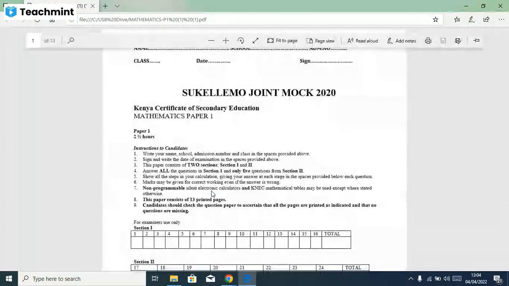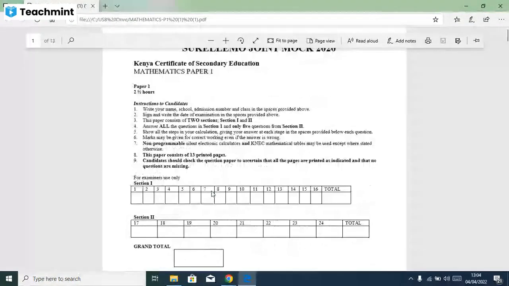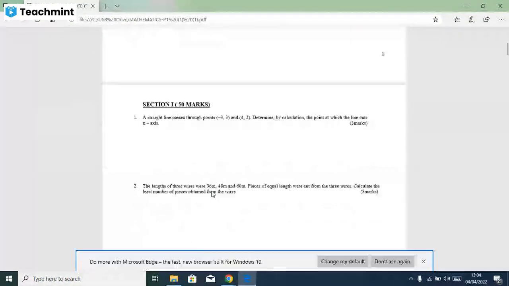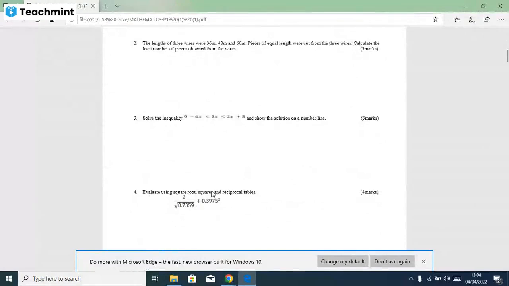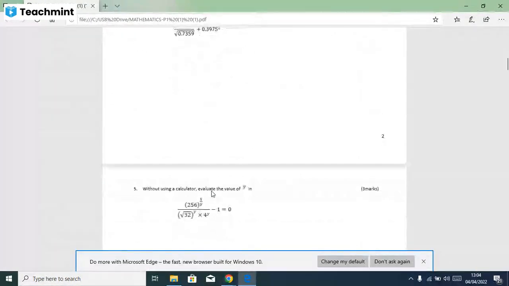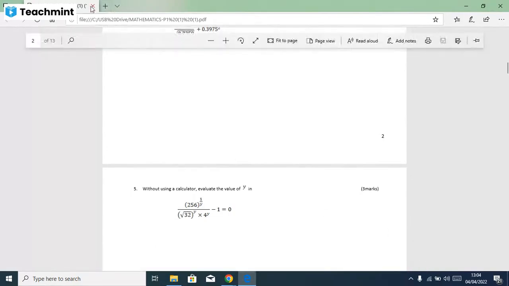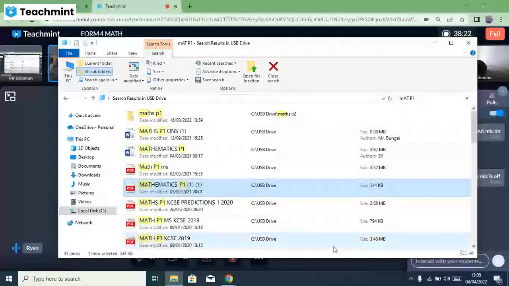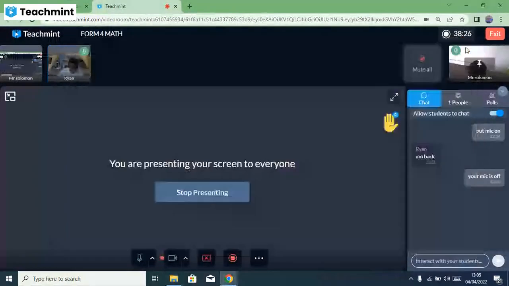Here we apply the law of indices. Let me copy the question because I want to go to the working. Let us do it together.